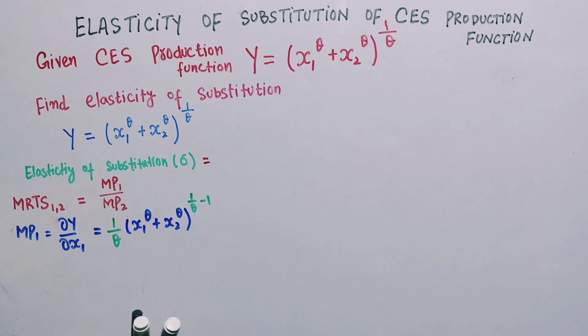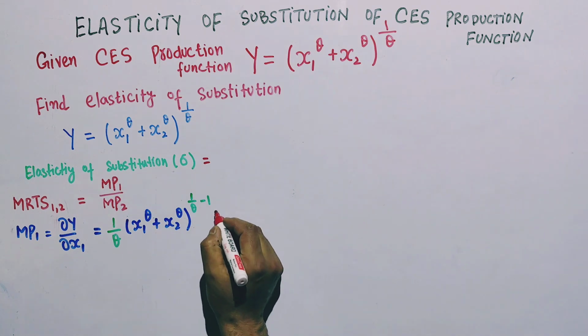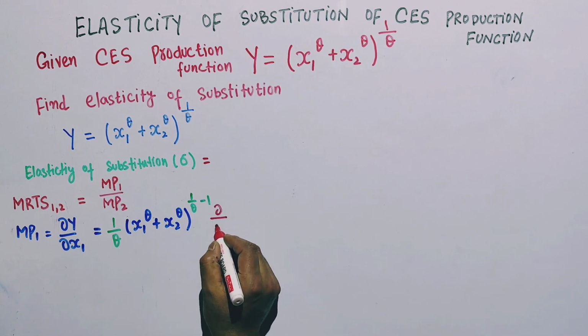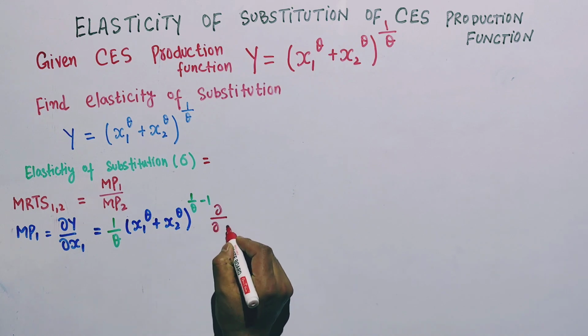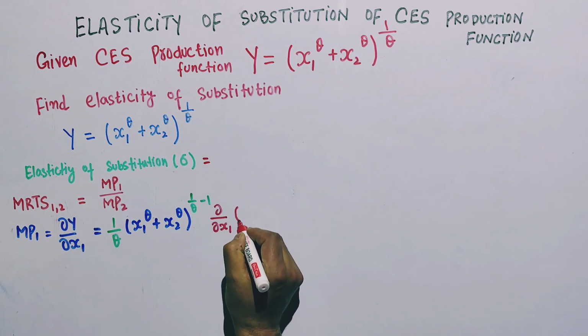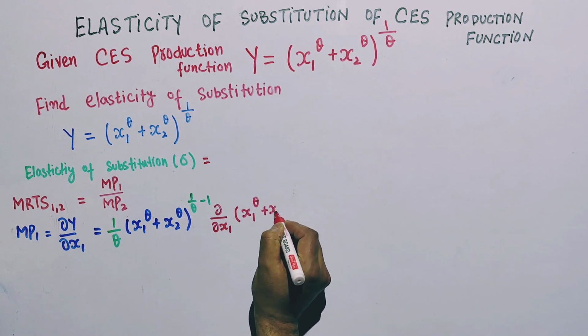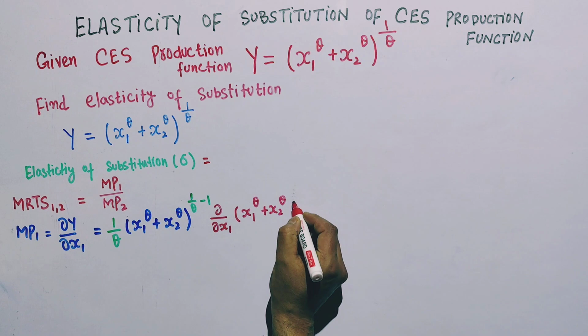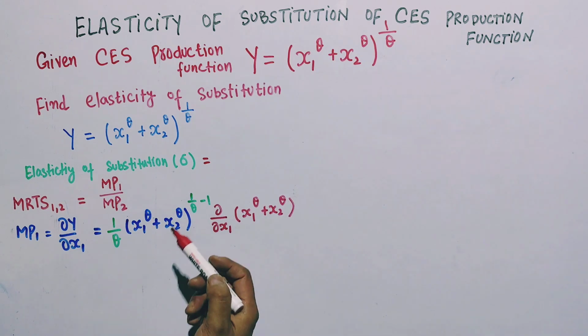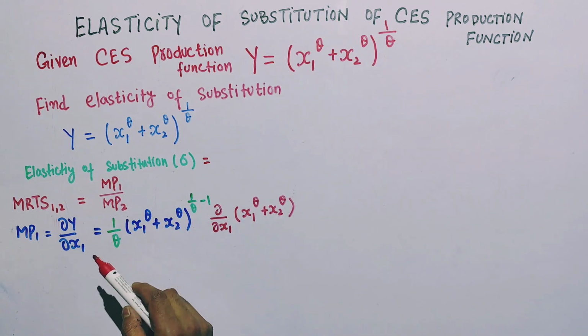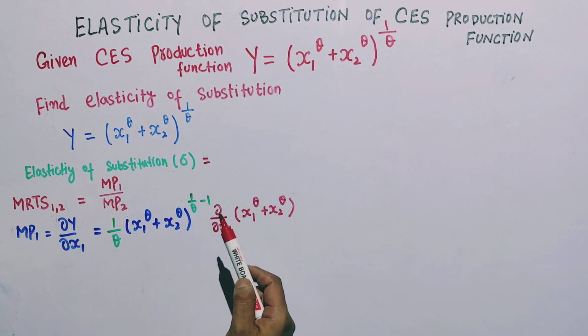Then we apply the chain rule, that is, we multiply by the derivative of whatever is in the brackets, x1^θ plus x2^θ, with respect to x1. So first we use the power function rule, and then we differentiate again with respect to x1.